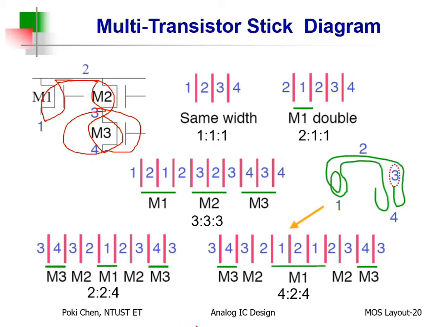I promise you, they have a common centroid, just like this one. 2 M3 here, 2 M3 there, right? M2, M1, M1, M2. All of them have the centroid here in the center. Congratulations. That is what I can help you with.